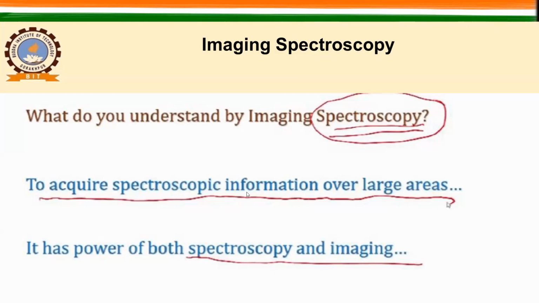But in imaging spectroscopy, what extra information will you have? You will have images plus spectral information. So it has both spectroscopy and imaging power, and it can acquire spectroscopic information over a large area. That is imaging spectroscopy.